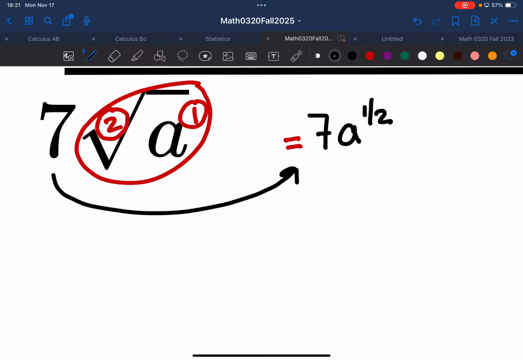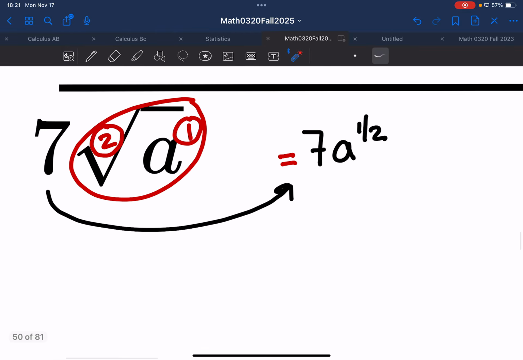If the A had a square on it, it would equal 7 A squared. If this was a 2 as well, then this would be A to the power of 2 over 2, which simplifies to 1.